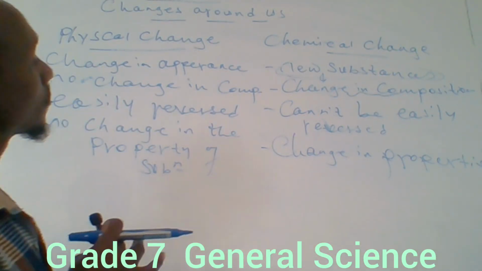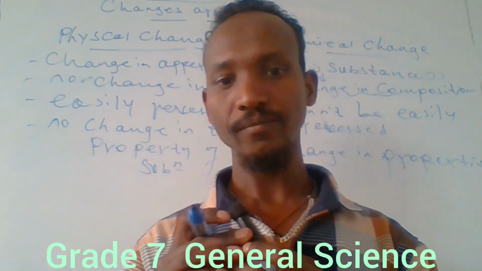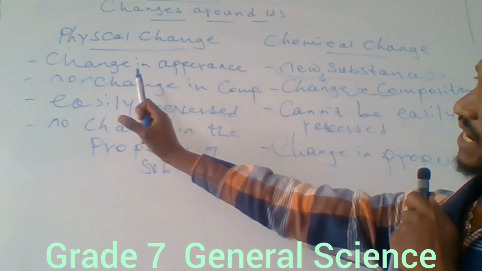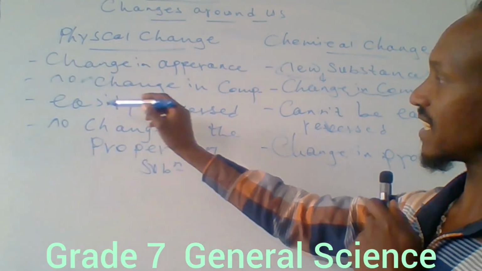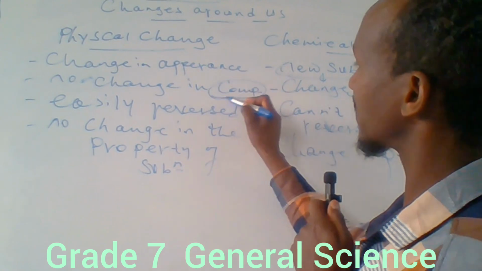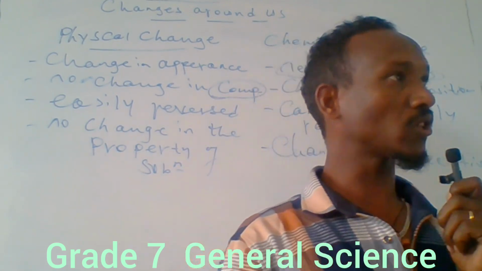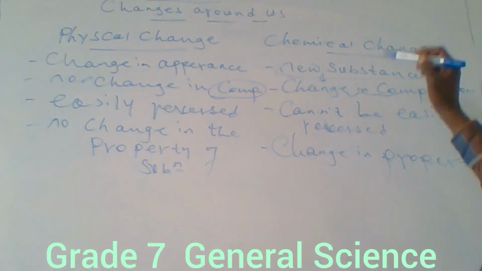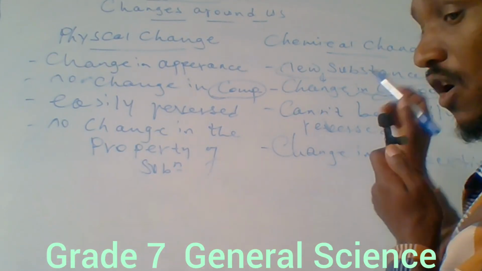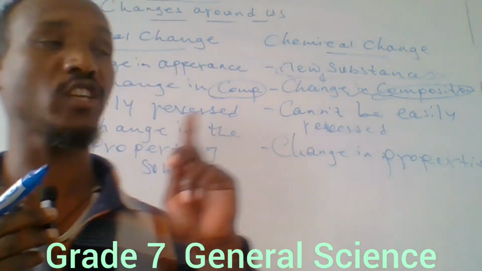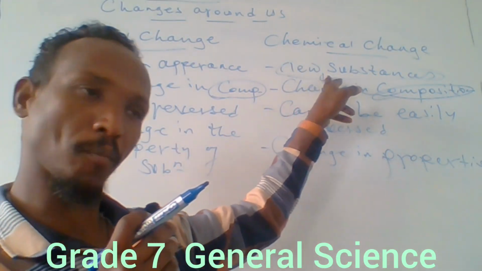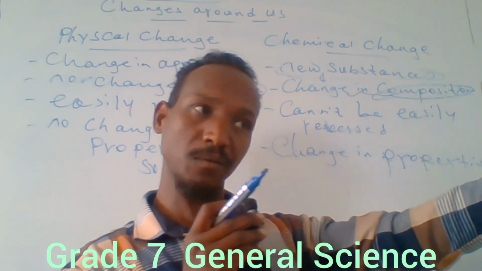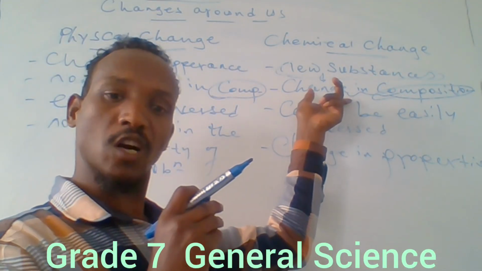The second one is no change in composition in a physical change. When a substance changes in appearance, size or shape, the composition of the substance remains the same. There is no change in composition of the substance in a physical change. But in a chemical change, there is a change in composition, because a new substance with new properties is formed.